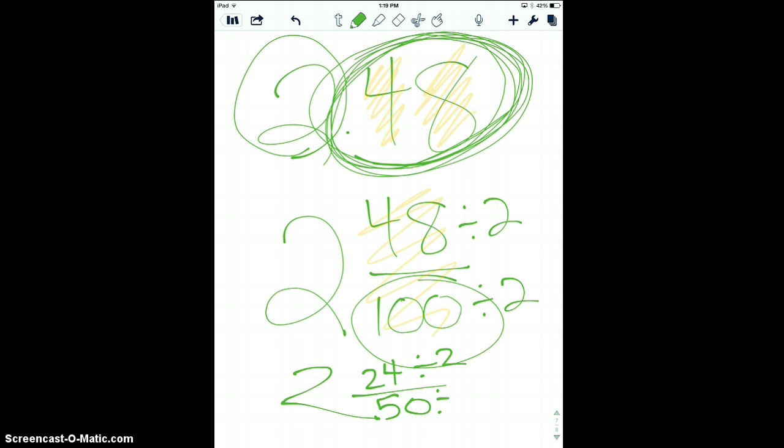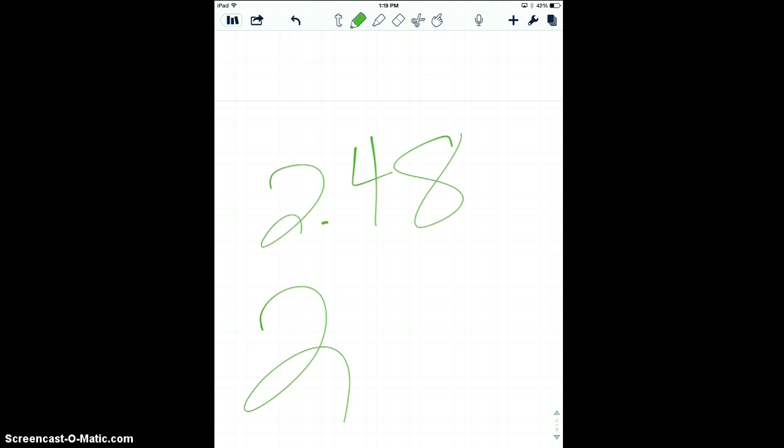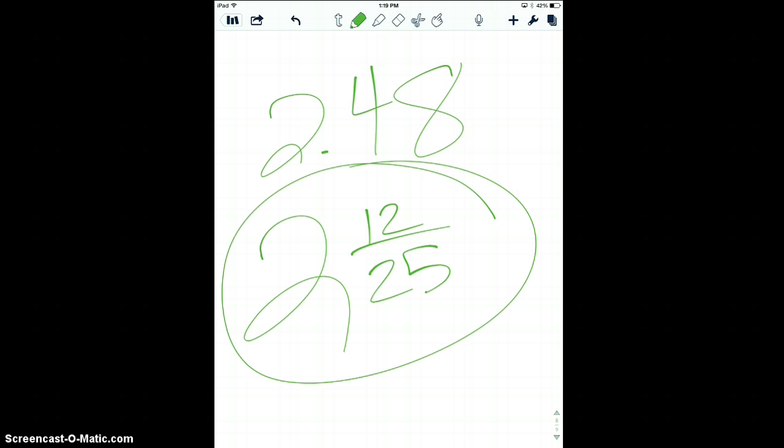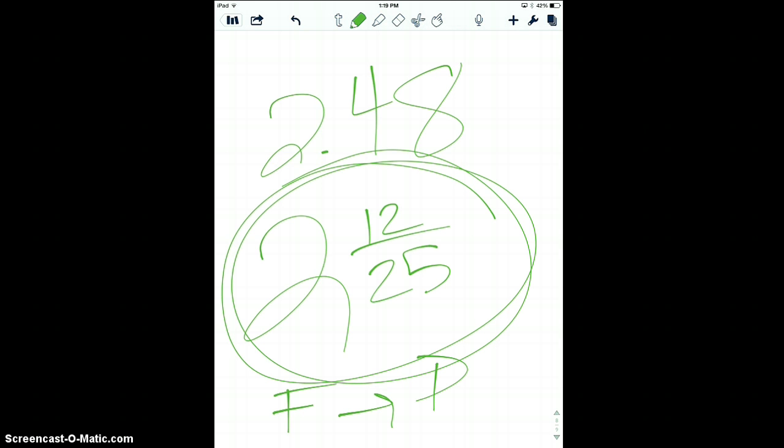So if I divide those both by 2, I'll have a 12 there, and I'll have a 25, right? Are those both even? Oh man, it stopped. So 2.48 is the same thing as 2 and 12/25.